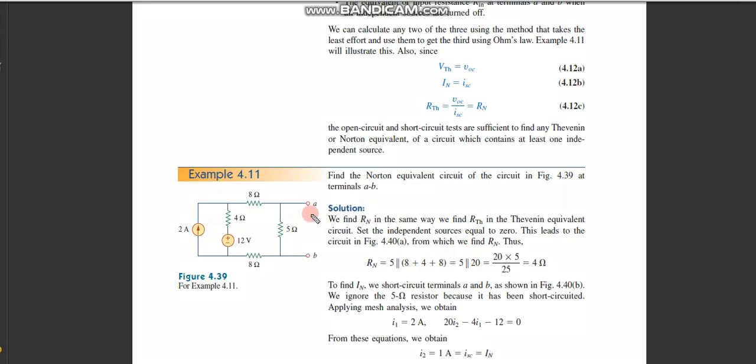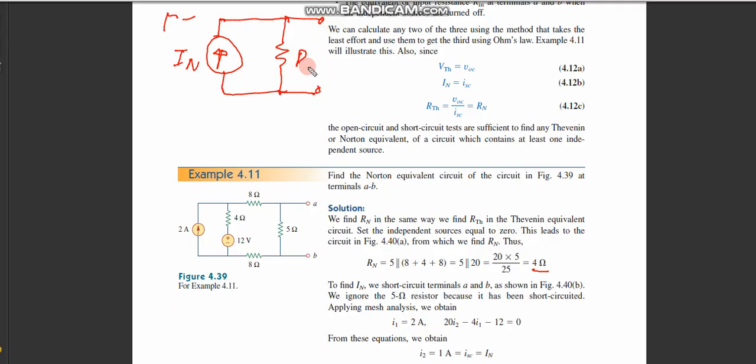Okay students, to find Rn, we calculated it comes out to be 4 ohms. So basically this was In, and then the Norton equivalent circuit of the given circuit in figure 2.4.11, this was Rn, which comes out to be 4 ohms.